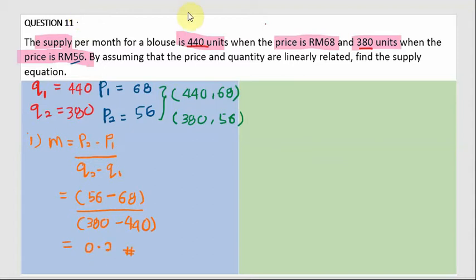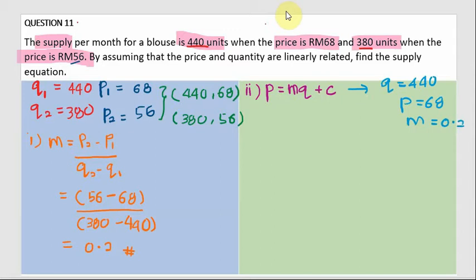Step 2. By using P equals MQ plus C, now we choose one coordinate. I choose the first coordinate, that is Q is 440, P is 68, and our M is 0.2.